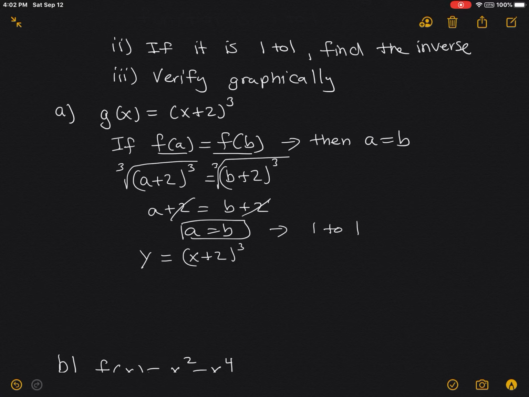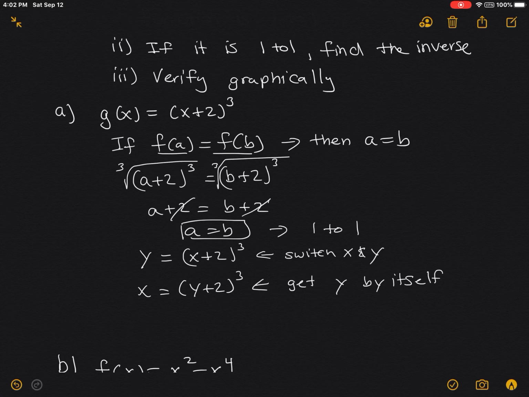So how do you find the inverse? In the previous video, I basically stated that you want to switch the x and y. So let's switch it. x is equal to (y plus 2) quantity cubed. And then the next step is you want to get y by itself. So how do I get y by itself? You take the cube root of both sides.